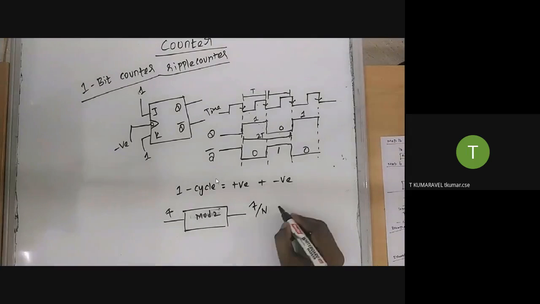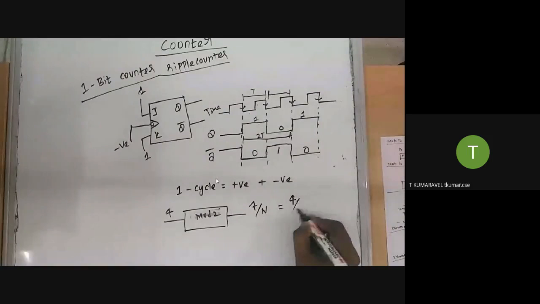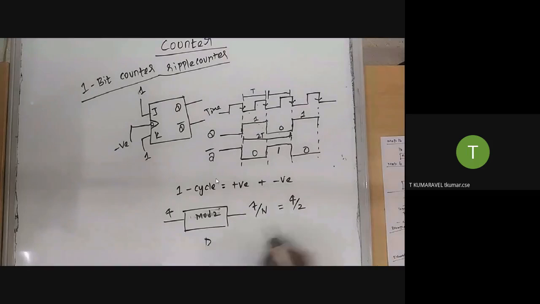Here n equals 2, so F divided by 2. The frequency is divided by 2. That's why it is called a divide by 2 counter.